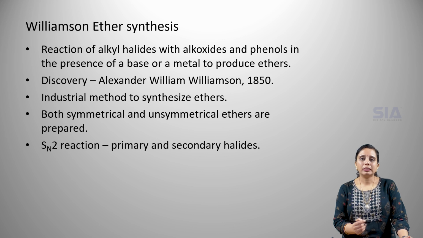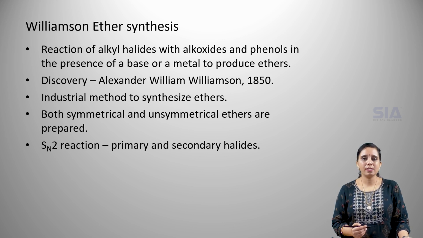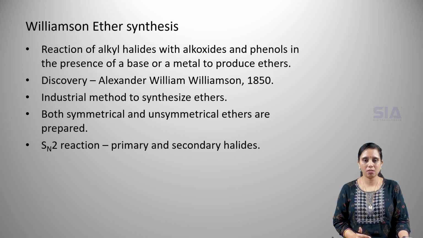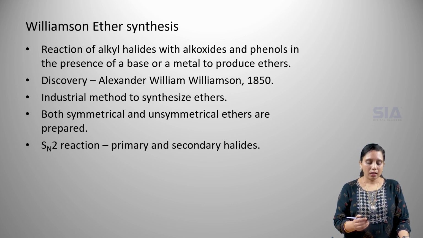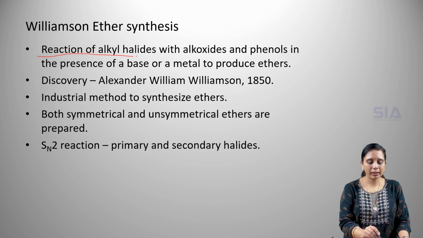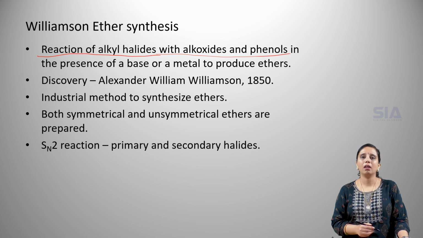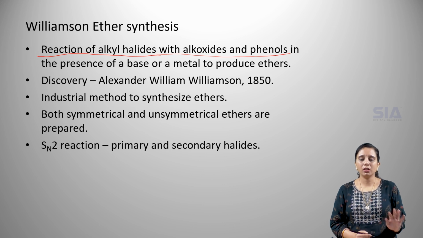Now coming to the synthesis: how Williamson discovered this reaction and what Williamson's ether synthesis is. The Williamson ether synthesis includes the reaction of alkyl halides with alkoxides and phenols in the presence of a base or a metal to produce ethers. That means alkyl halides react with alkoxides and phenols.